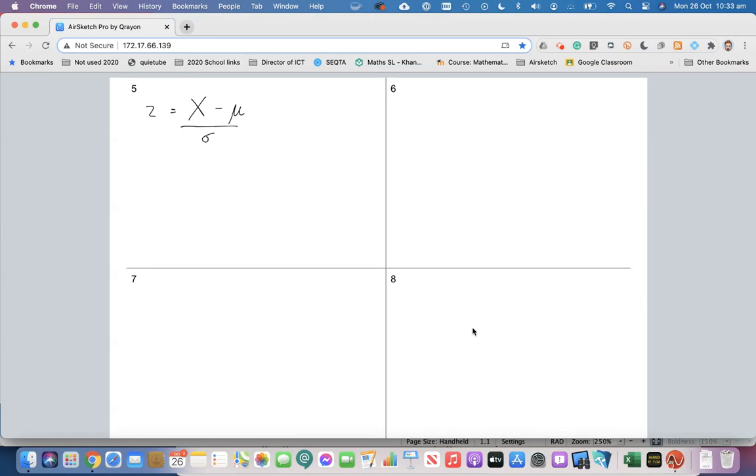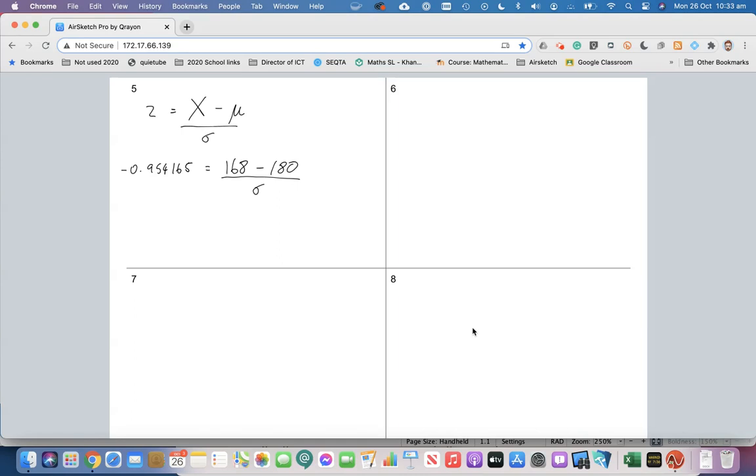Now the Z score we just calculated is negative 0.95415. The X score we're given in the question is 168. The mean we're given in the question is 180.